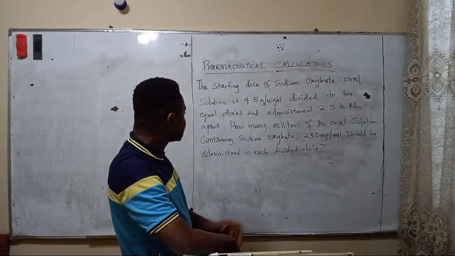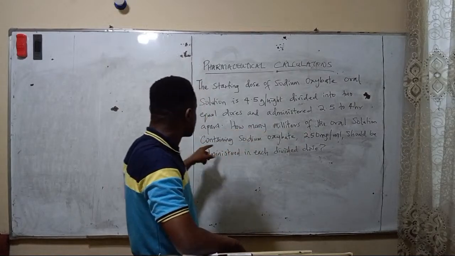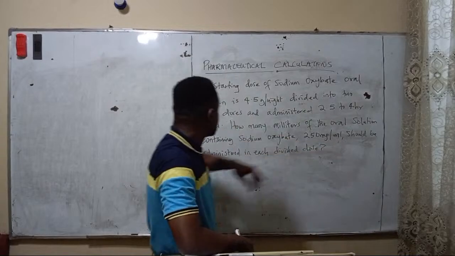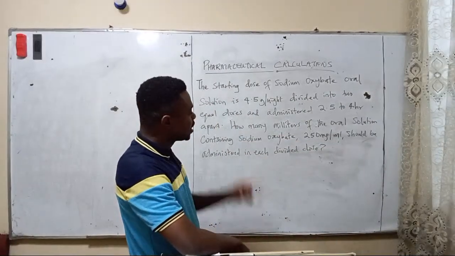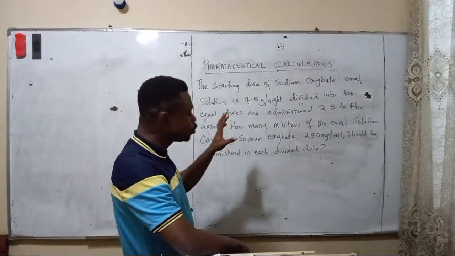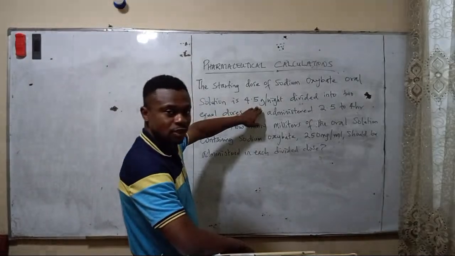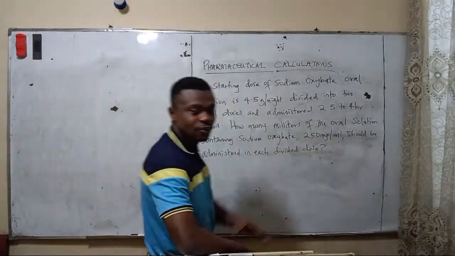But the question says, how many milliliters of the oral solution containing sodium oxybate, 250 mg per ml, should be administered in each divided dose. There are two things in this question. The first one is the dose of the drug, and the second one is the strength of the drug.